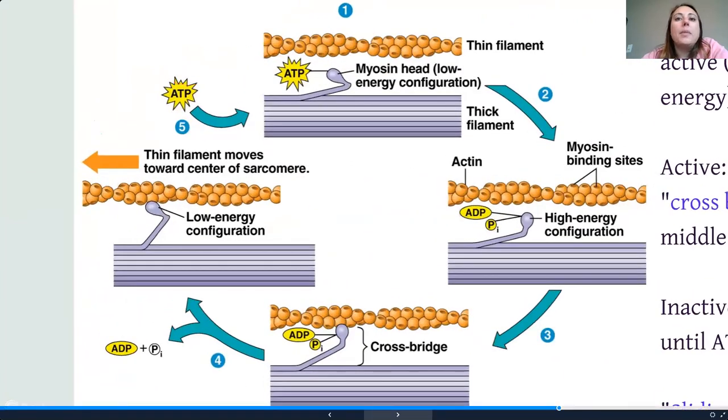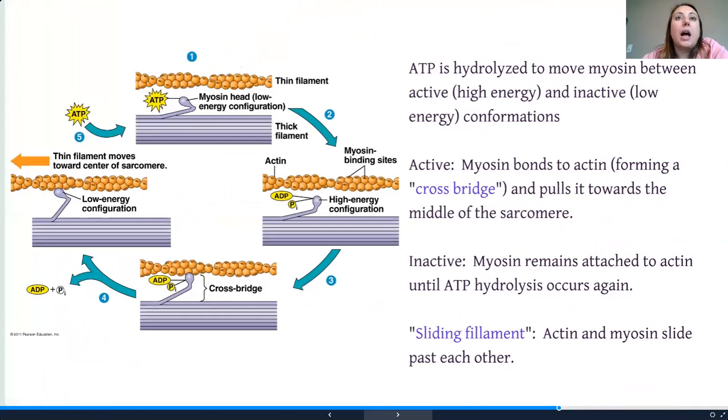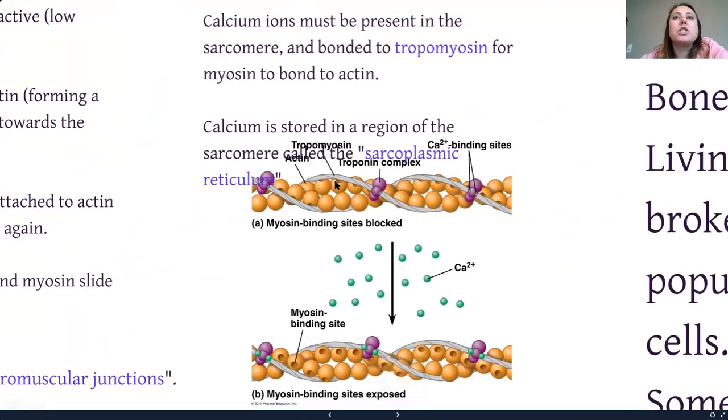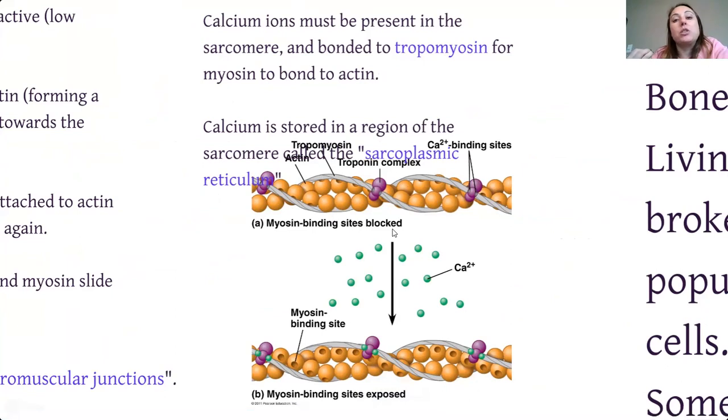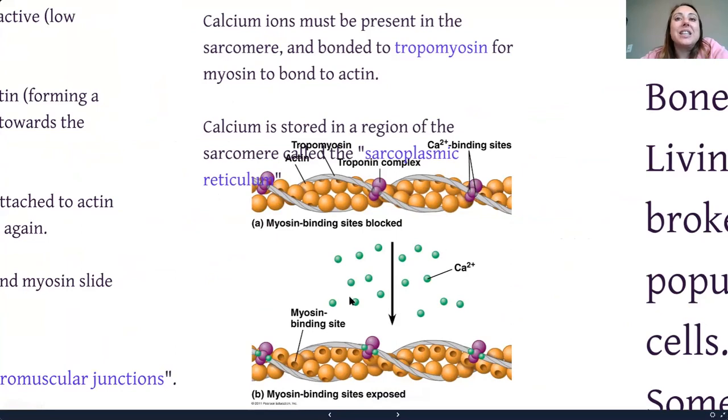That head needs to bind to the myosin binding sites, but it's not always available. Sometimes these purple things, called myosin site blockers, are called troponin. This troponin blocks the myosin. When your muscles receive the action potential that the nerve sends, it releases calcium.